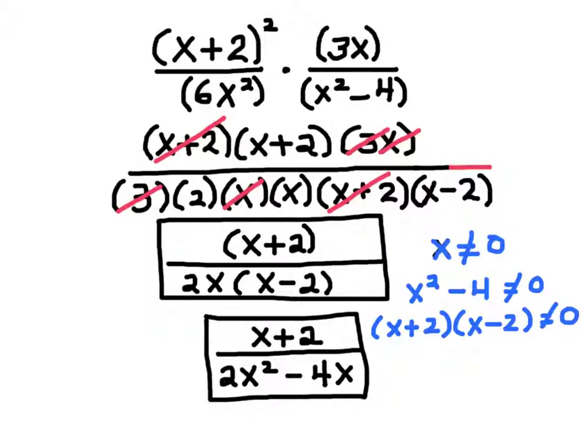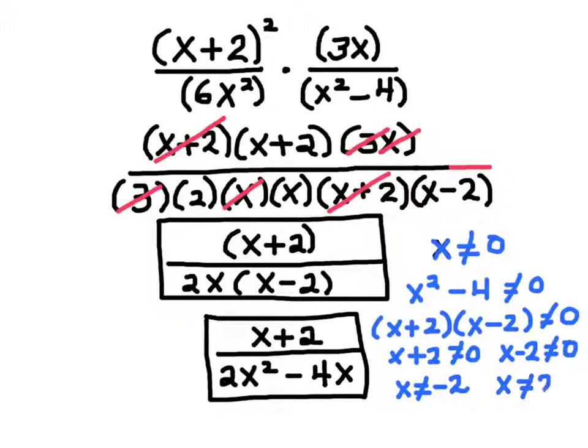And that occurs when either x plus 2 equals 0, and that can't be true, or x minus 2 equals 0, and of course that cannot be true. So in our first expression here, x plus 2 equals 0, we add a negative 2 to both sides, and our restriction is x is not equal to negative 2. And in our second expression right here, we're going to add 2 to both sides and say x is not equal to 2 either.